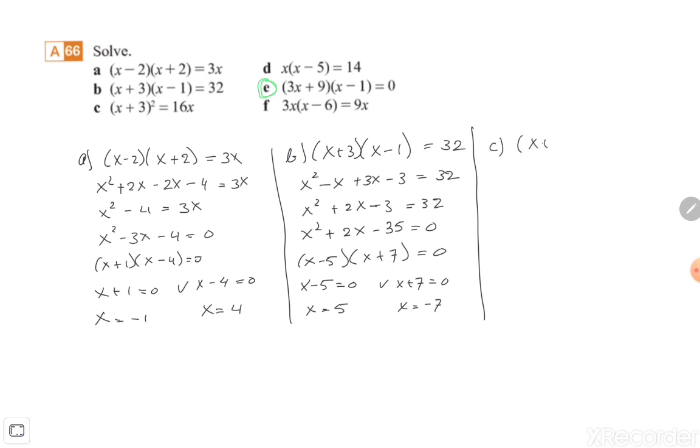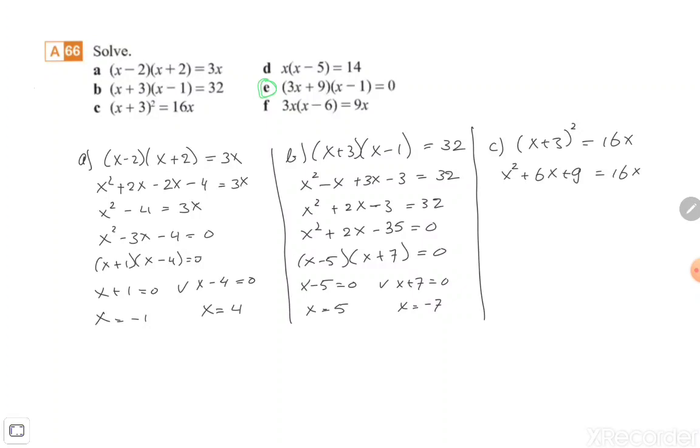(x plus 3) squared is equal to 16x. Now here you will find a remarkable product. If you do not know how to work it out, please write out the two brackets next to each other. If you know how to work, it's x squared plus 6x plus 9 is equal to 16x.